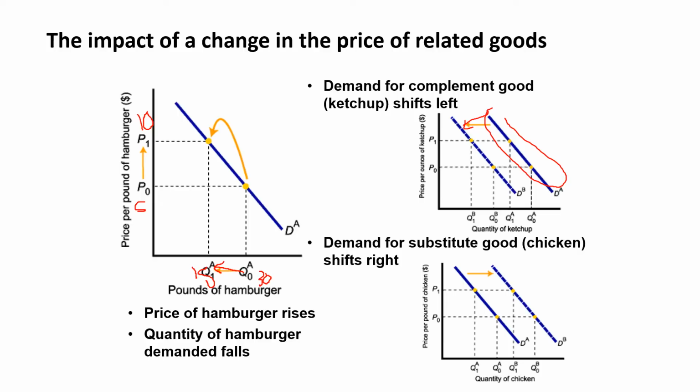So the chicken demand will increase, and this will shift the demand curve to the right. As you can see, at every single point the quantity demanded increases compared to the previous curve, which is demand A.